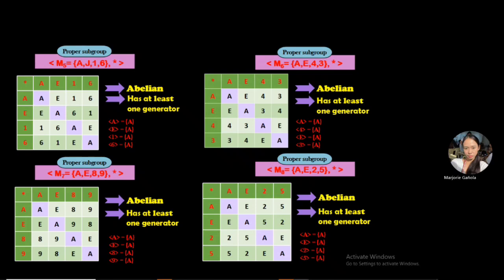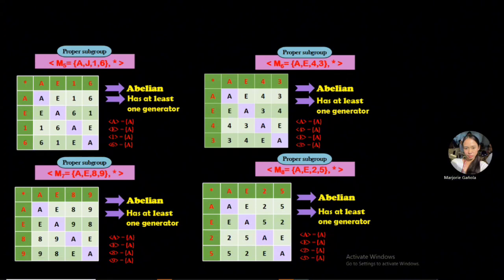All of the elements in the other tables generate only one element, which is the identity element.